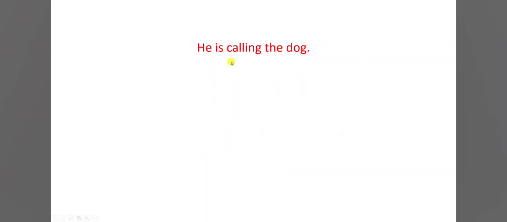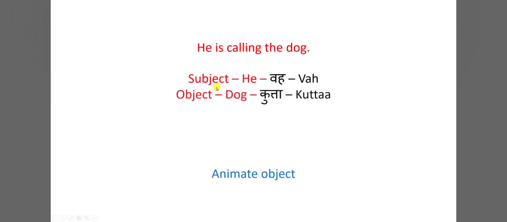Next example. He is calling the dog. Subject is he. Object is dog, which is an animate object. It is not a human. It is a living being, a living thing, an animate object. And the verb is call.